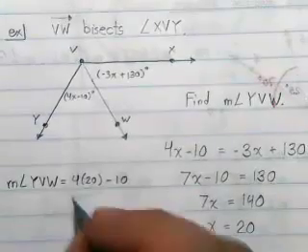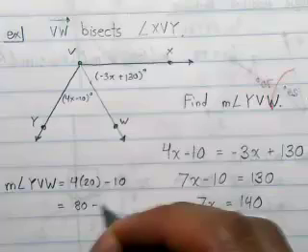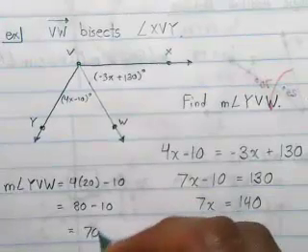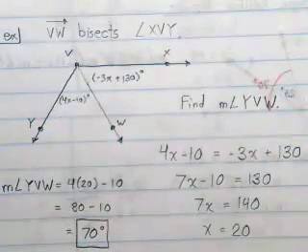All right, so 4 times 20 is 80 minus 10, 70 degrees. I just used a bisector to solve the problem.